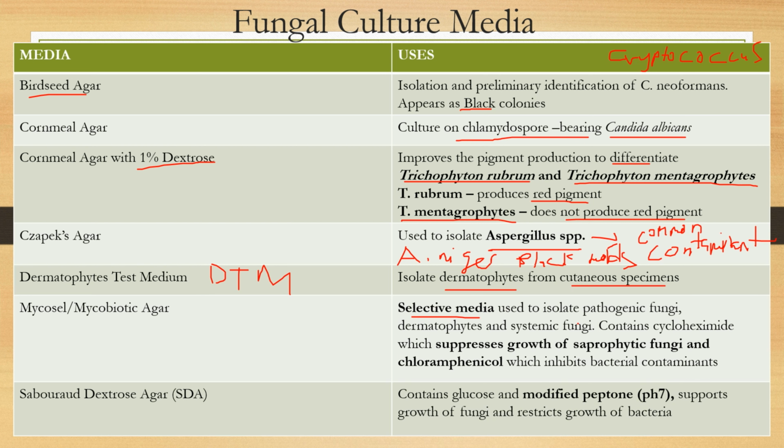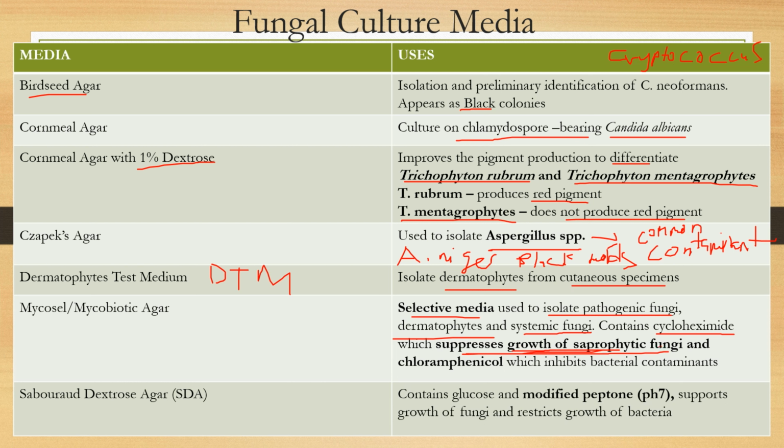When something is selective, it would usually grow a specific or an isolated organism. So they are used to isolate pathogenic fungi, dermatophytes, and systemic fungi. They contain different antibiotics, such as cycloheximide. Cycloheximide would suppress the growth of saprophytic fungi.